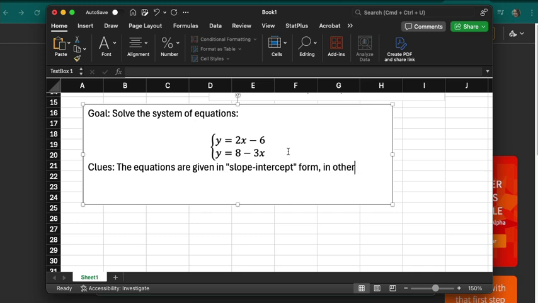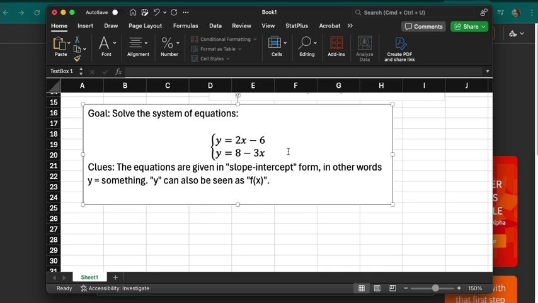In other words, basically y equals something, right? The variable y can also be seen in certain situations as f of x.